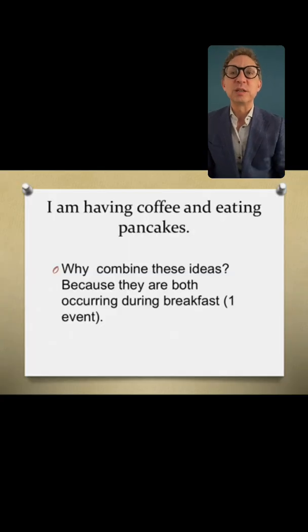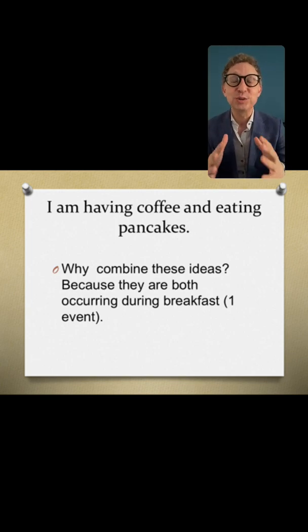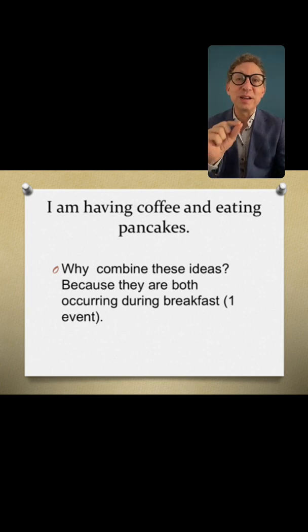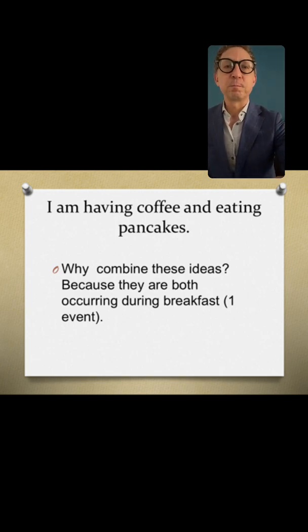Let's do it. So, I'm having coffee and eating pancakes. Now, why would I combine those two last concepts, having or drinking coffee and eating pancakes, into one sentence? Because they're both occurring at breakfast. So if someone's asking you what you're doing or what you're having for breakfast, you're having coffee and eating pancakes.